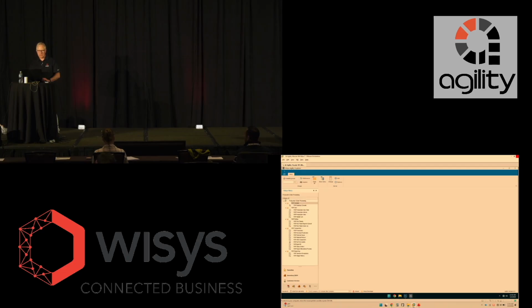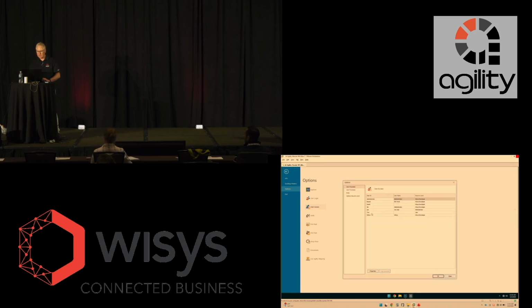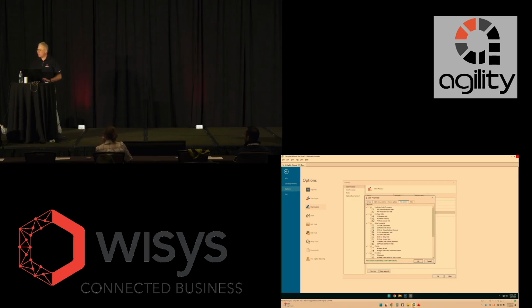I'm going to go into File, Options, User Access, there's Tom. And I go over to the Web Components, and you can see the two that are on your screen already are checkboxed, but down below, my Orlando grid is not checked. So I'm going to check it.